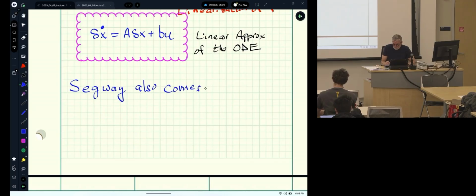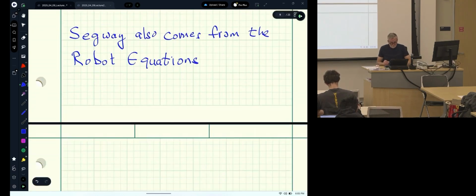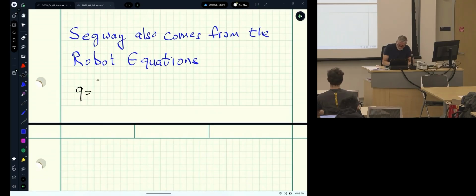The Segway also comes from the robot equations. So here the generalized position is just going to be the lean angle of the Segway and the rotation of the wheel.